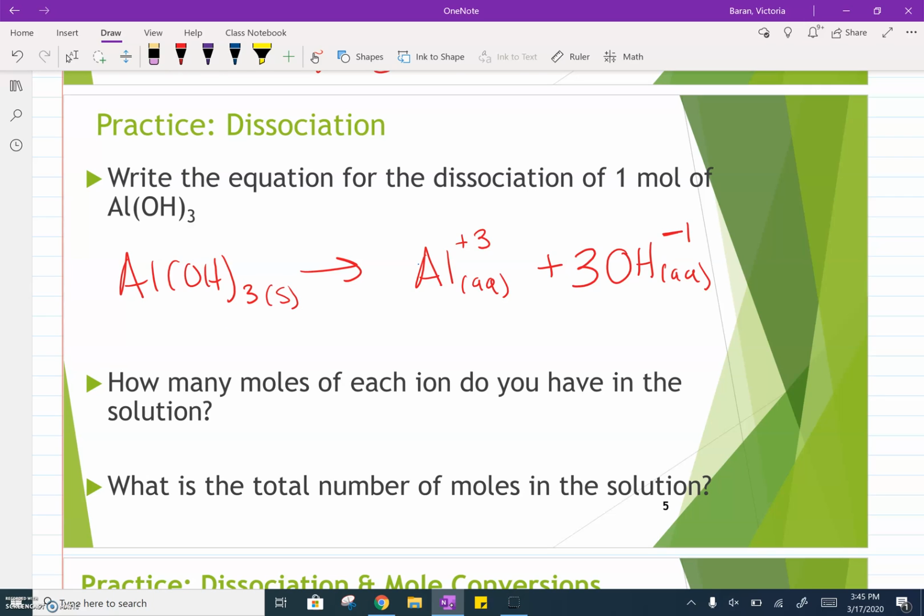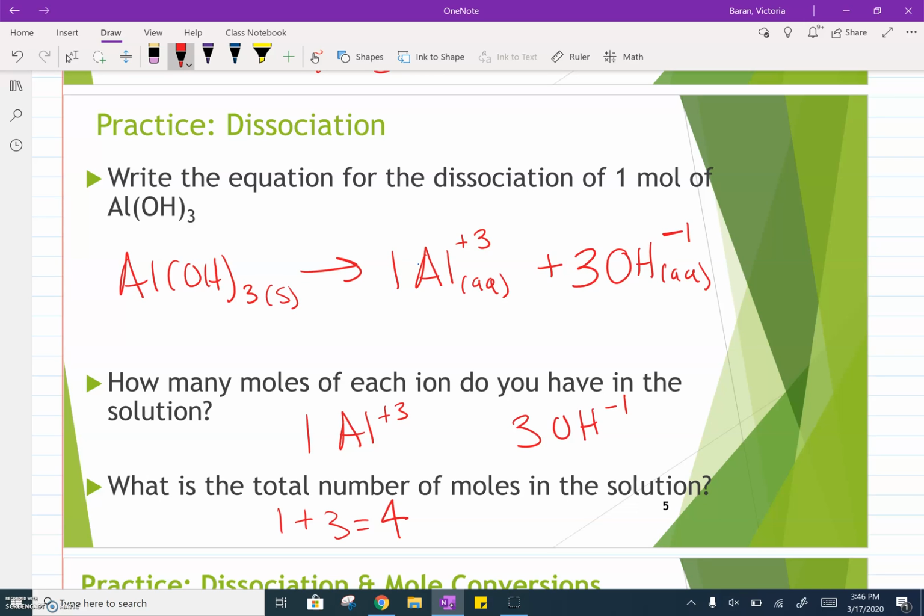Now again, how many of each ion do you have? We have 1 aluminum. Imagine there's a 1 here. And we have 3 of the hydroxide ions. Total 1 + 3 will give us 4. So we just went over how to write the equations for dissociation.